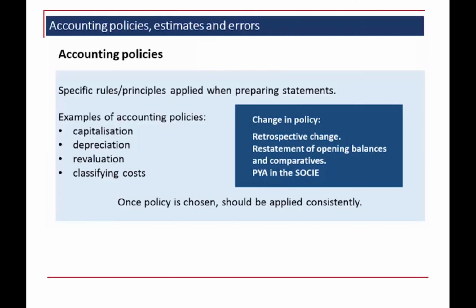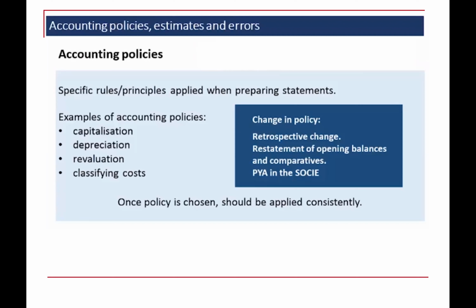Then, when you change an accounting policy, you need to restate opening balances. All right, so for example, if you charge depreciation in the current year, but you did not charge depreciation in the previous year, we said for comparability purposes, we need to apply it retrospectively.